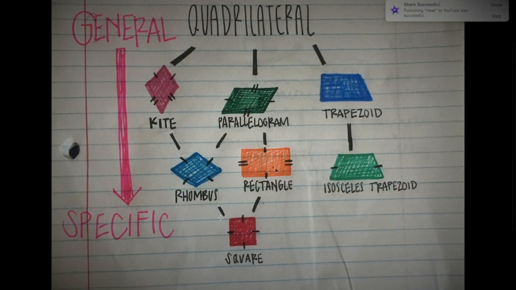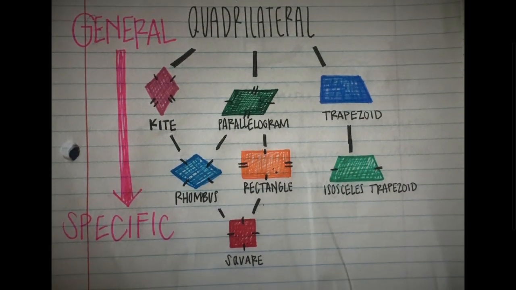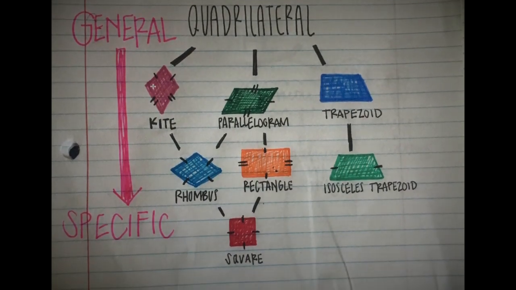So remember, it must fall under the umbrella in order to be classified as that particular shape. Now, let me give you an example of what you can do and what you can't do when working with classifying or identifying quadrilaterals and different types of quadrilaterals.